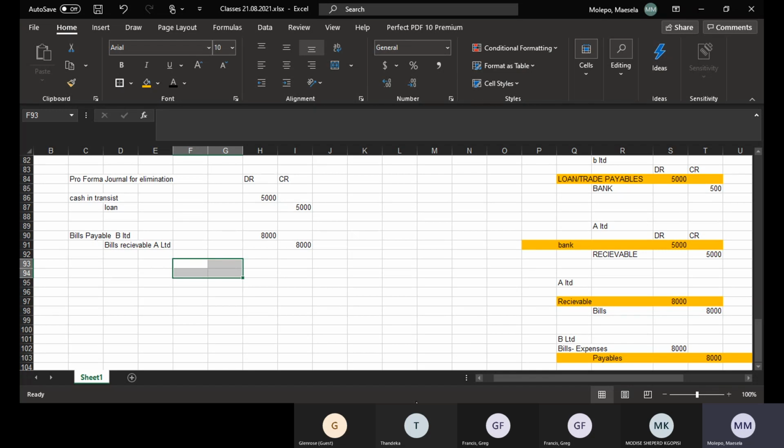It will be shown somewhere where you're going to show the 2,000, because it's the amount which was supposed to be included, but he decided to write it off. So when he writes it off, it will be the expenses on the A side. You will see it reflected as an expense of 2,000.